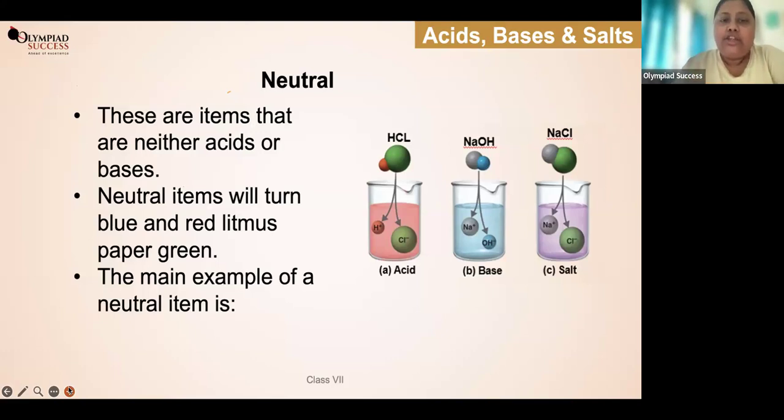The neutral effect, or a neutral substance, is formed when an acid and a base react. So neutral things will have no effect on litmus.